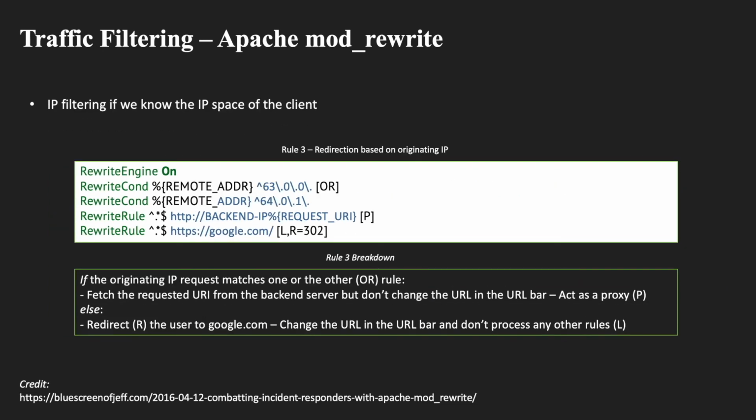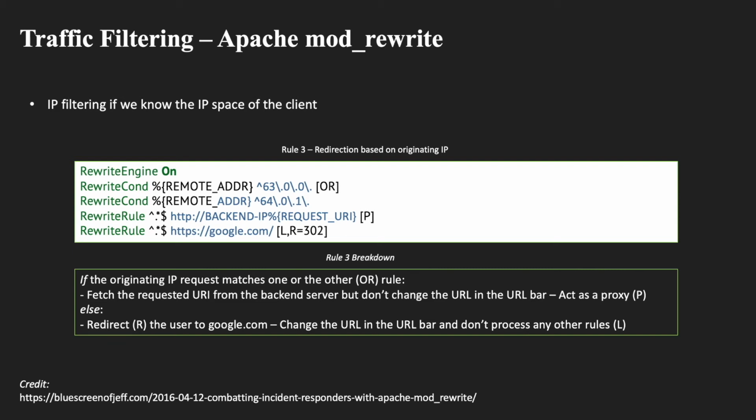This is a final example of Apache mod_rewrite, and it's really cool because again, if we know the IP space of our clients, we can specify it in the condition. So if there is traffic coming from IPs other than the ones that we mentioned here, so one range or the other range, users go to Google.